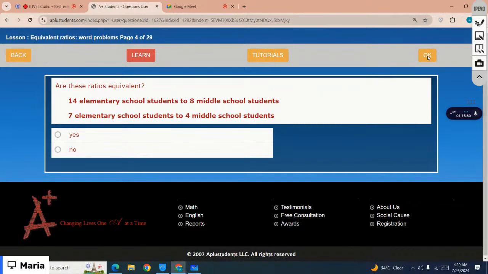Are these ratios equivalent? 14 elementary school to 8 middle school, 7 elementary school to 4 middle school students?